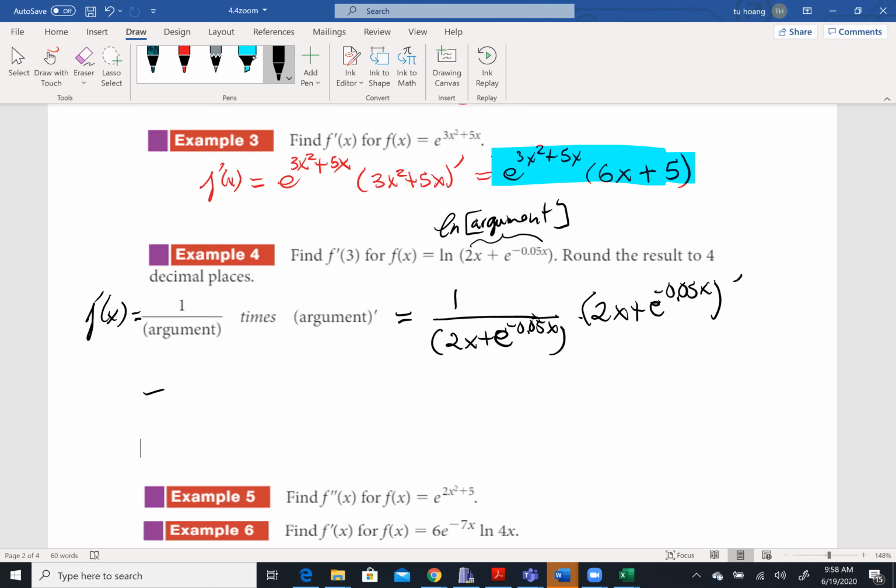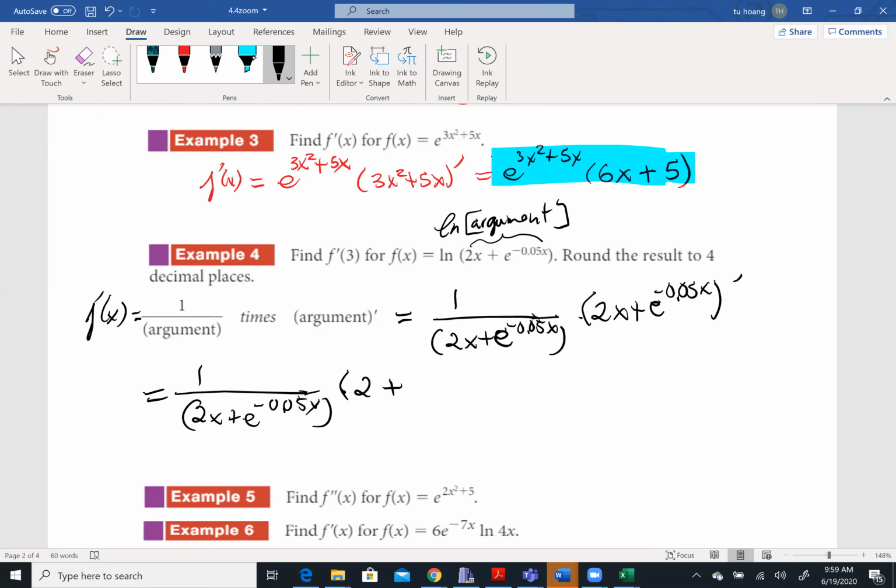Next, I have 1 over 2x plus e to the negative 0.05x, and I have parentheses to make sure I don't forget it. And for 2x, the derivative is going to be 2, right? And plus, now watch out with this one, e to the negative 0.05x.